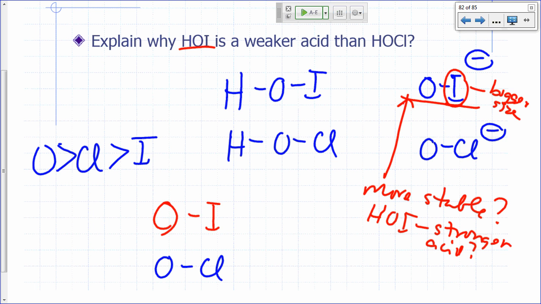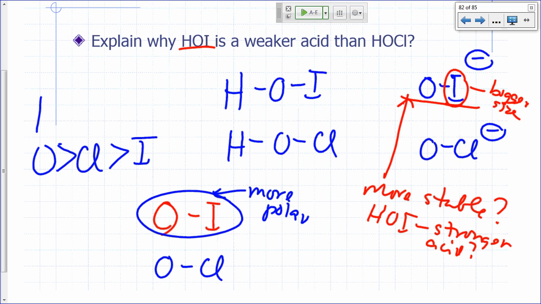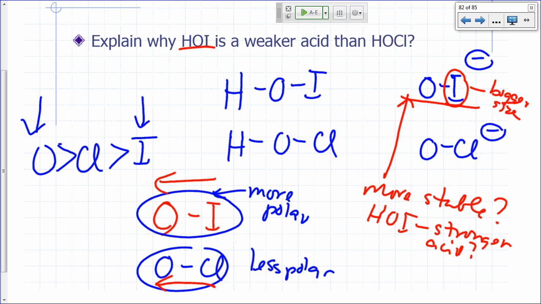So this bond right here is more polar. There's a bigger difference in electronegativity between oxygen and iodine. This is less polar. Where is the polarity directed at? Towards the oxygen. Oxygen is more electronegative.